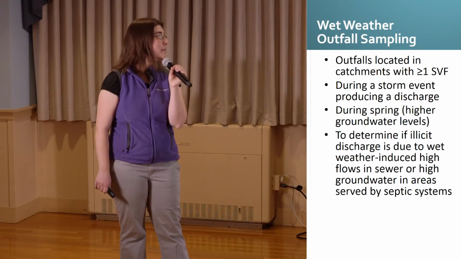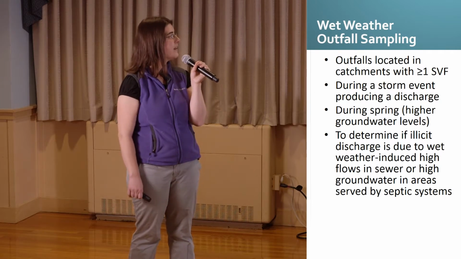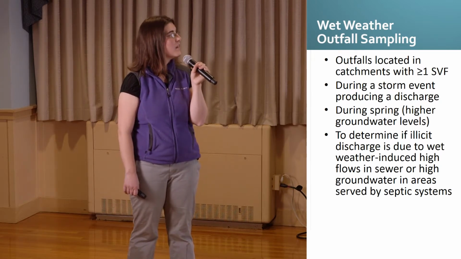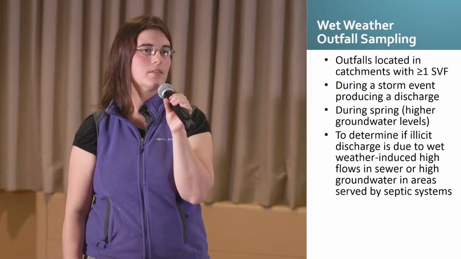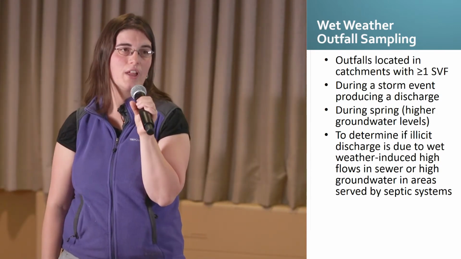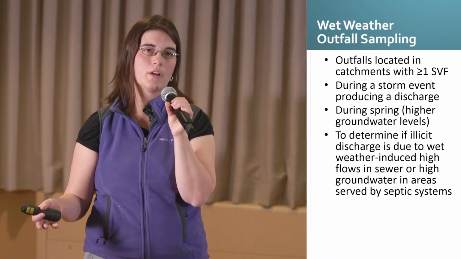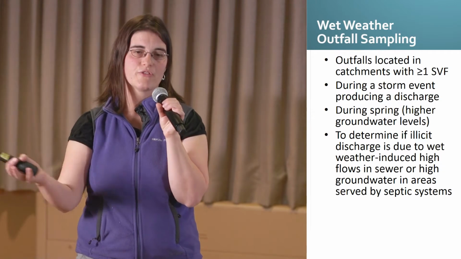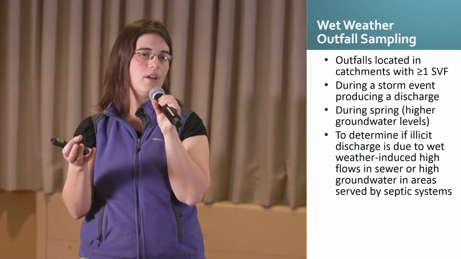EPA strongly recommends that they be done during the spring when you have higher groundwater levels, and they also recommend that wet weather sampling should not occur during your first flush. Right when the storm starts, you have that first flush of pollutants, and that is usually an area of concern.